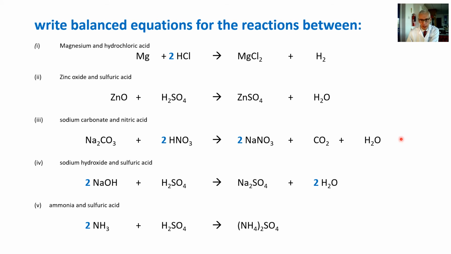Anything that is based on ions, for instance sodium nitrate here, well, we get that by the work we've done earlier on this lesson, making sure that the ion charges sum to 0. So you may need to refer back if you're making any mistakes. Moving on, 2 sodium hydroxides are required and 2 moles of water are also produced, and then to make ammonium sulfate, 2 ammonias.